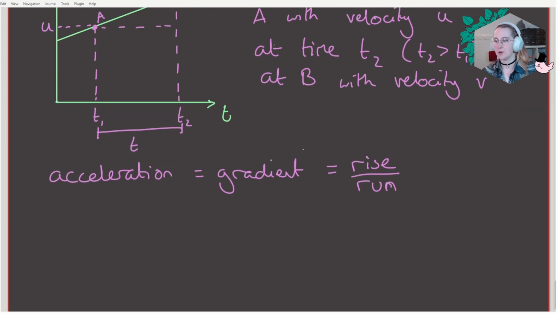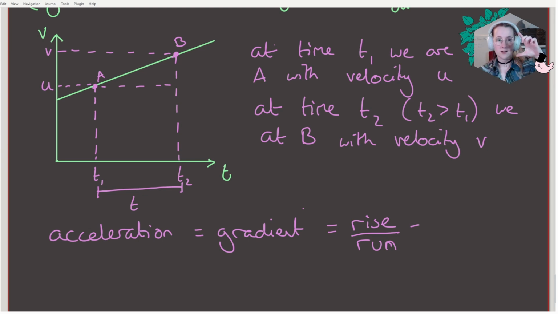So our rise is our vertical distance up, that's our top point minus our bottom point. So here we have v minus u. And our run is our later time minus our earlier time, so t2 minus t1, which is exactly that distance. I've said t is the length of that line, which is mildly confusing because that's the same as the axis label, but don't worry about it.